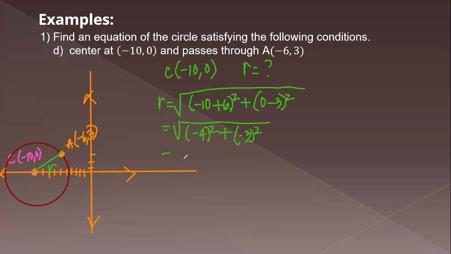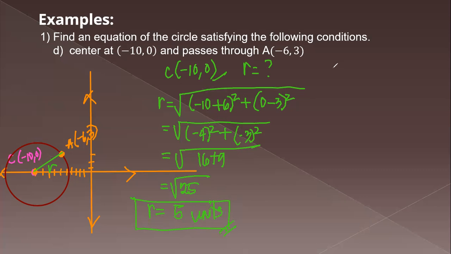So that is equal to 16 plus 9, and that is the square root of 25. So the radius will be 5 units. We now have the radius and the center, so we can now get the equation of the circle.